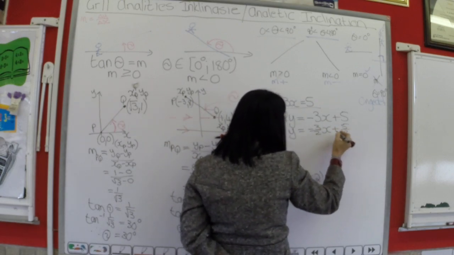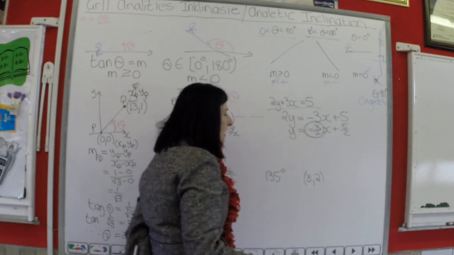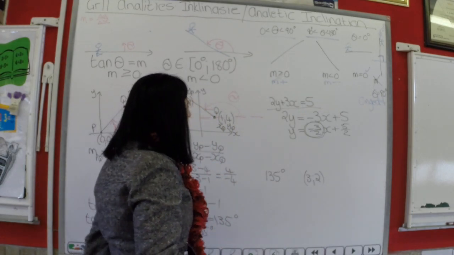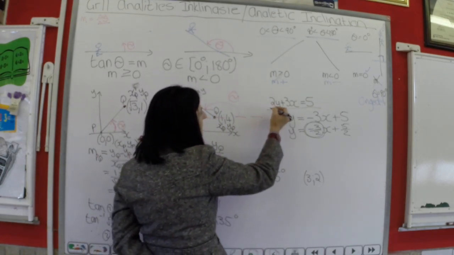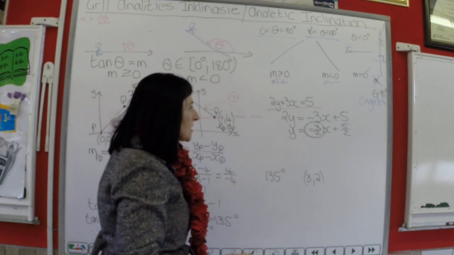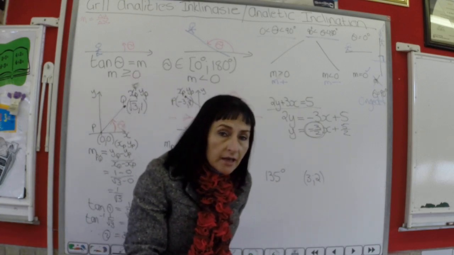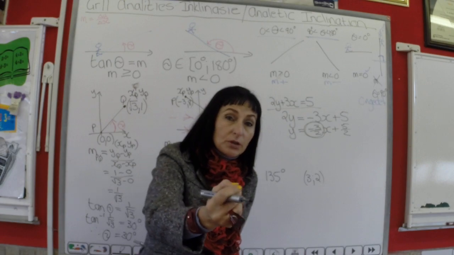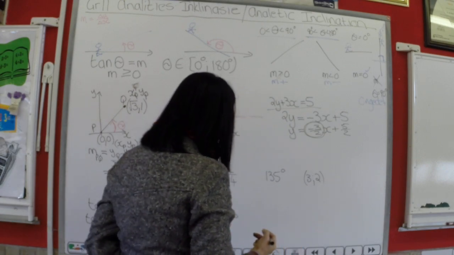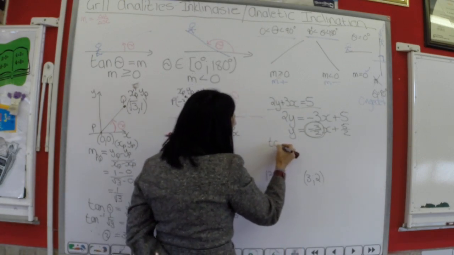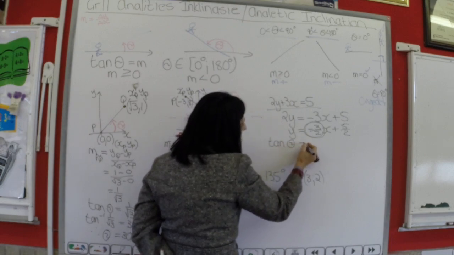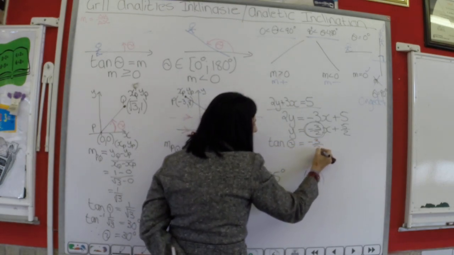So now I've got my gradient. Daar's my gradient in standaard vorm, so ek kan gaan sê, the gradient of that line equals minus 3 on 2. Dis 'n afdraande lyn. I know it's going to be an obtuse inclination angle. So die tan van my inklinasiehoek gaan gelyk wees aan minus 3 op 2.